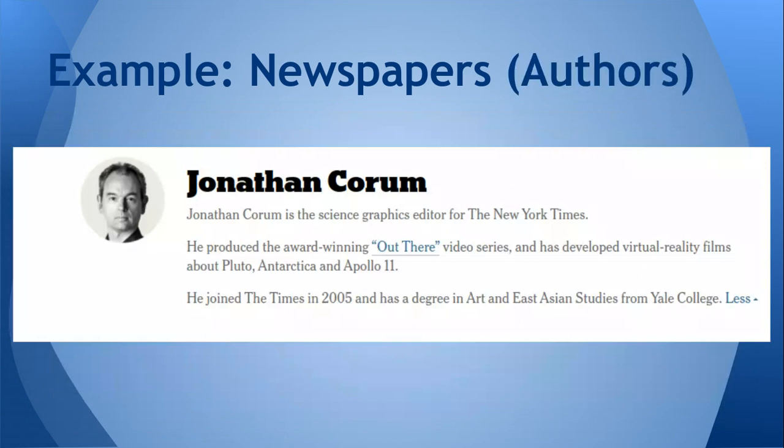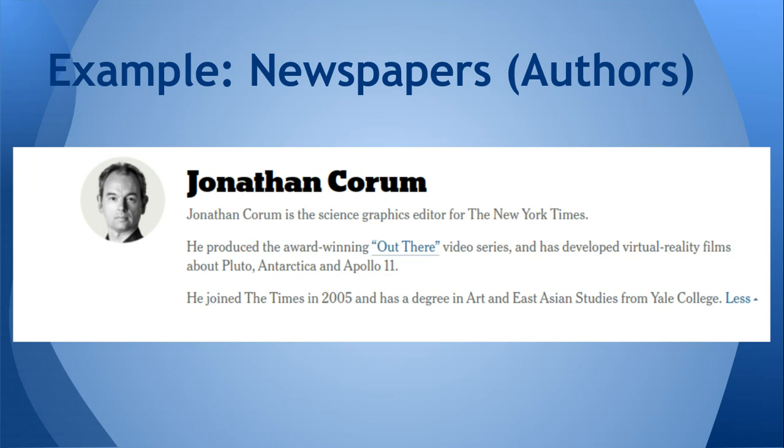So if I wanted to look at whether or not a newspaper article was reputable, I would start by looking at the authors, right? So I would find out information about what this particular person does, and then I would look at, does their background match with what they're talking about?